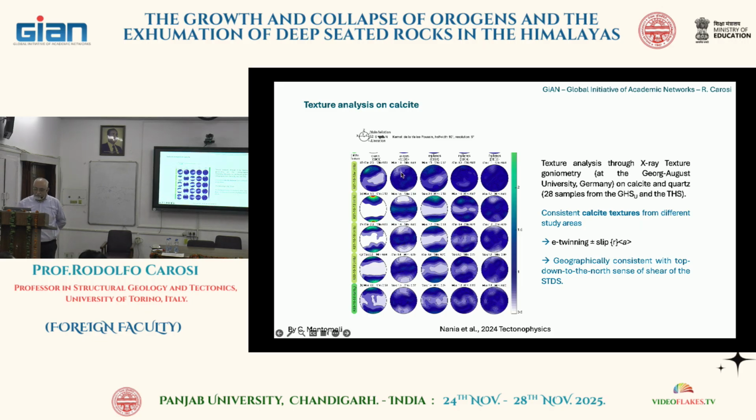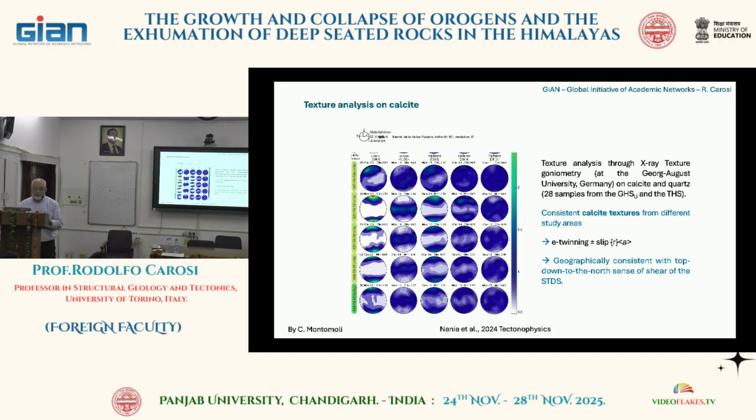He made the analysis of the C-axis, the y-axis, different axis of the formation of the crystal. So we detected also the occurrence of twinnings in calcite. So from this kind of graph, people are able to build up the sense of shear and also the amount of pure shear and simple shear.